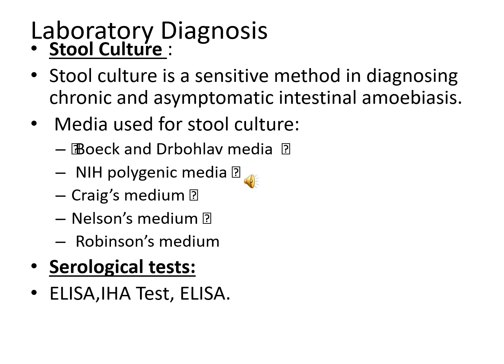To culture the organism, the media used for culturing Entamoeba are Boeck and Drbohlav's medium, NIH polygenic medium, Craig's medium, Nelson's medium, and Robinson medium. These are the culture media used for extra sensitive confirmation.